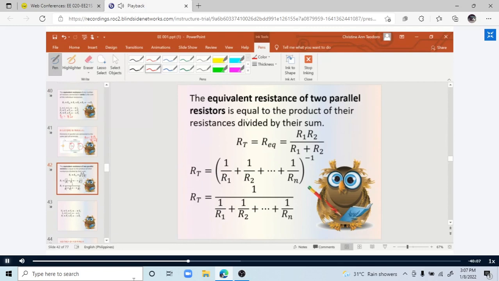Again, the first formula is just applicable if you have only two resistors in parallel. The second formula as well as the third formula is applicable whether you have two, three, or multiple resistors in parallel. Did you get it?